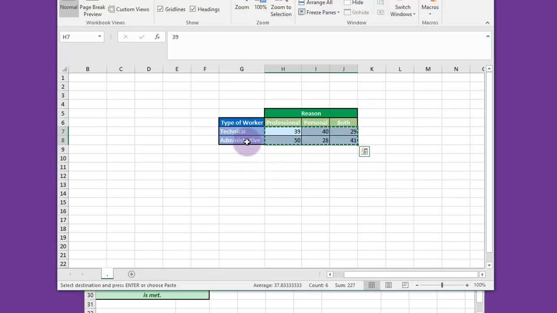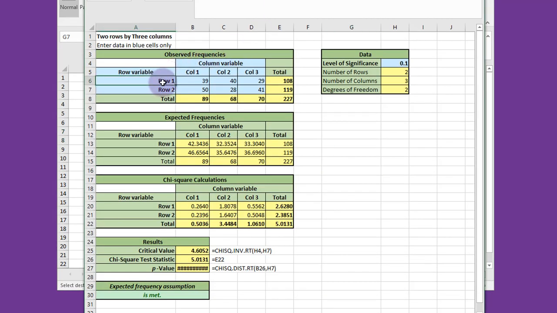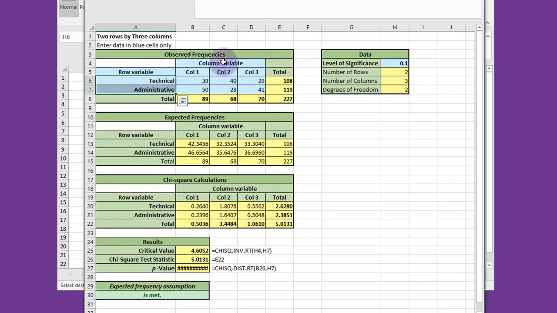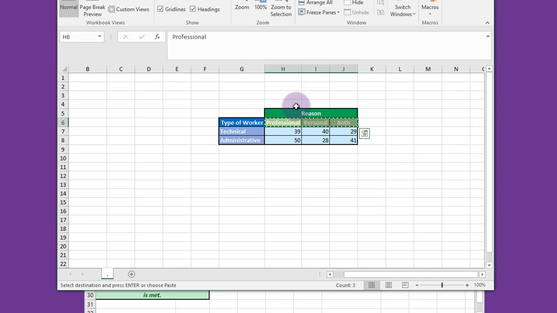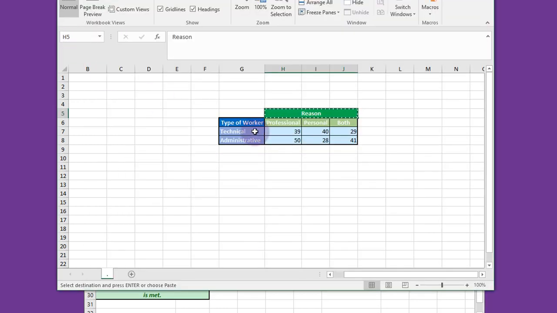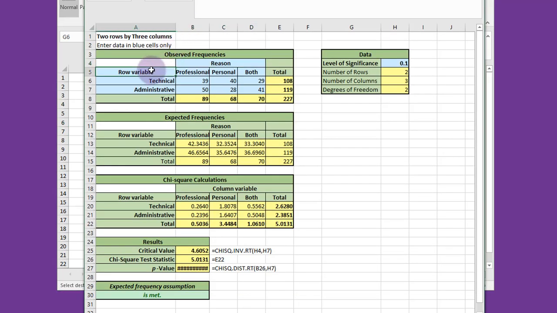So I'm going to do that and copy these, go back, paste the values, copy those, go back, paste the values, and we can also copy in the reason, the values, and finally I'm going to get the type of worker and paste the values.